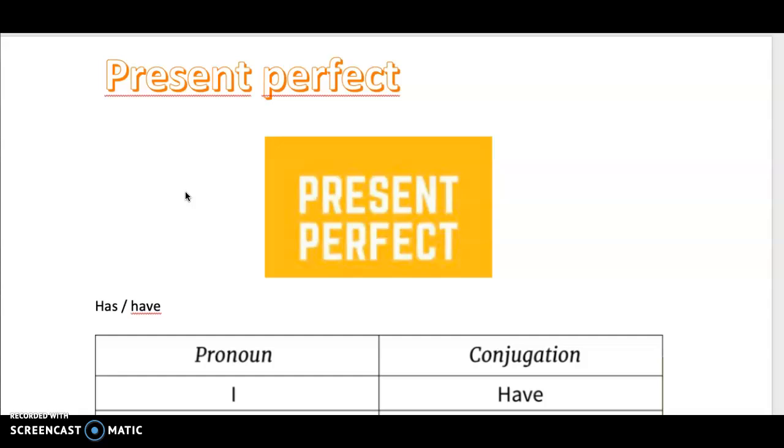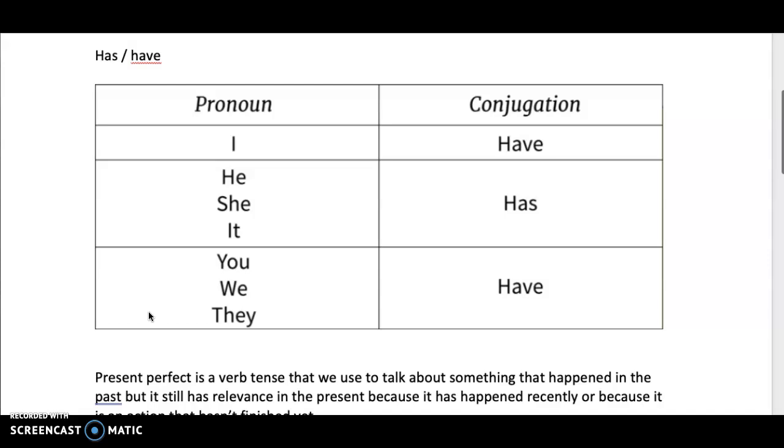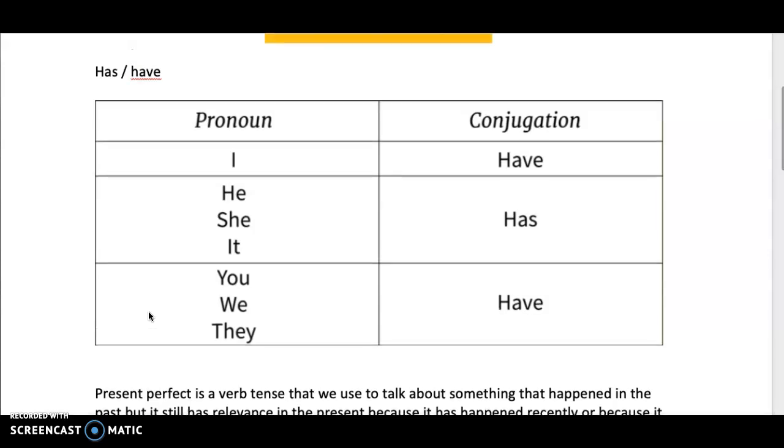To start with, I want you to pay attention that we have two auxiliaries, okay? Auxiliary has and auxiliary have. Now, in what situations do we use have and in what situations do we use has? Well, pay attention to this chart.